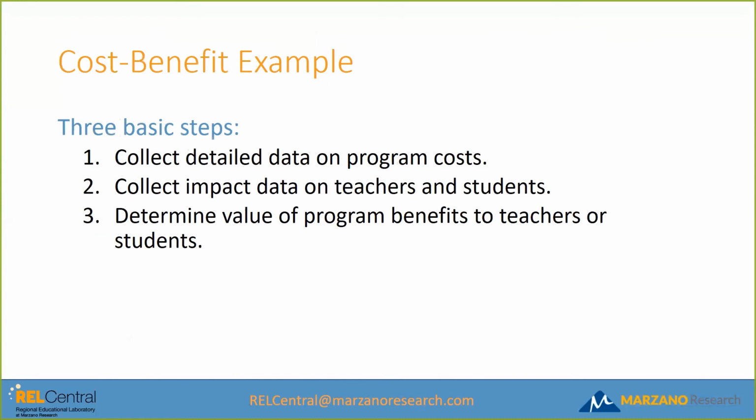So the 3 basic steps that we used, and this aligns with what we've talked about up until this point, to doing a cost-benefit analysis of this program was to make sure we collected detailed data on program costs in real time.